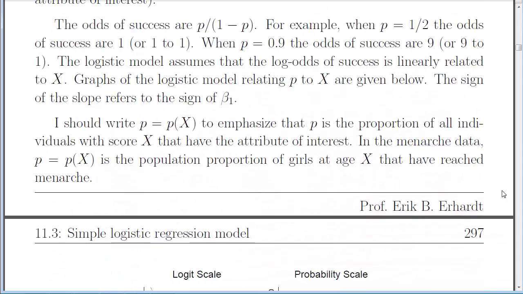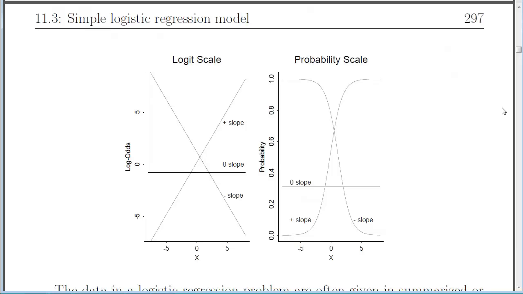Got some text here. Go ahead and read through. This is about discussing odds of success and interpreting these quantities. Here's an example of what these relationships will look like. If I have a zero slope, say that beta 1 is not significant, and so that, say, Menarche wasn't related to age, then you get a horizontal line.